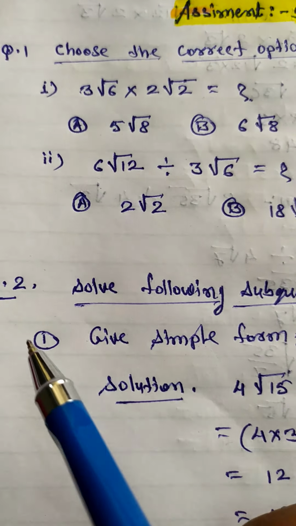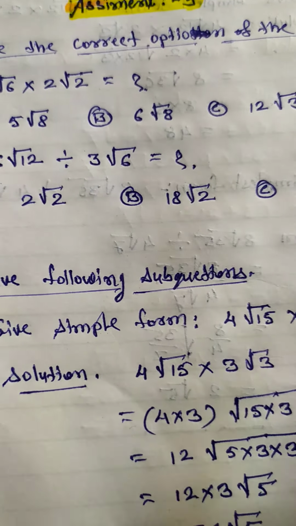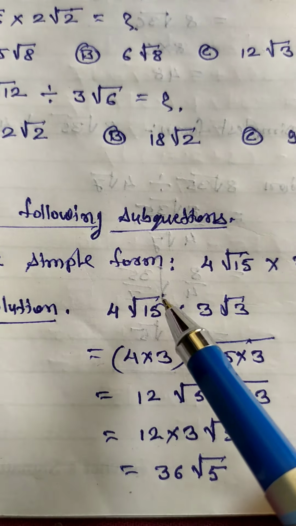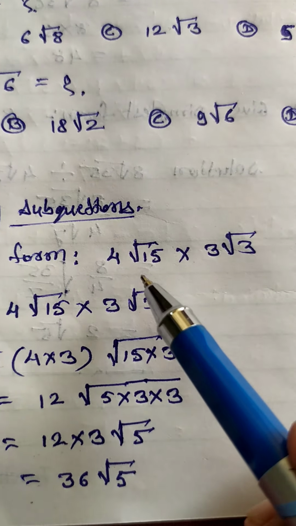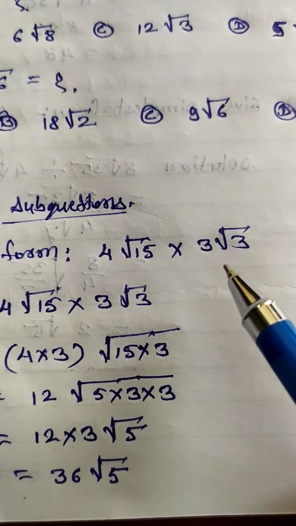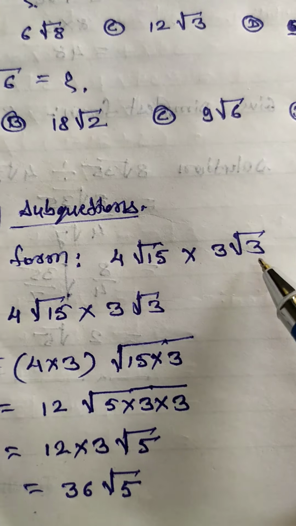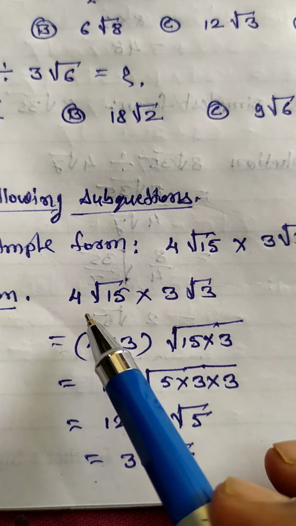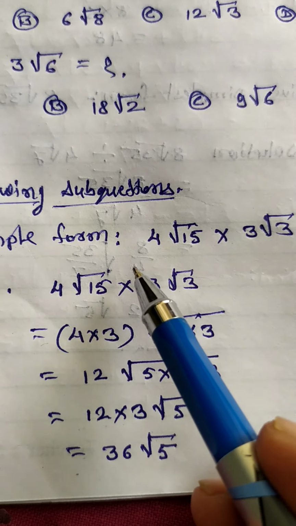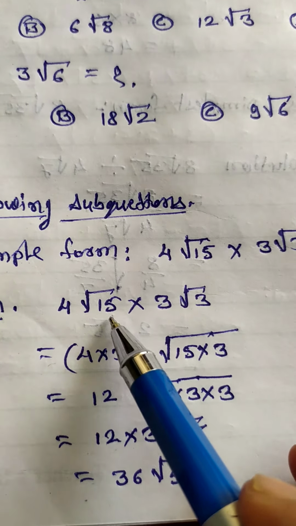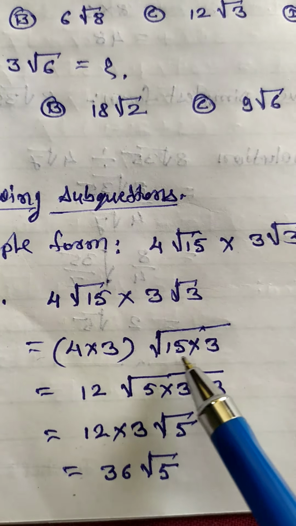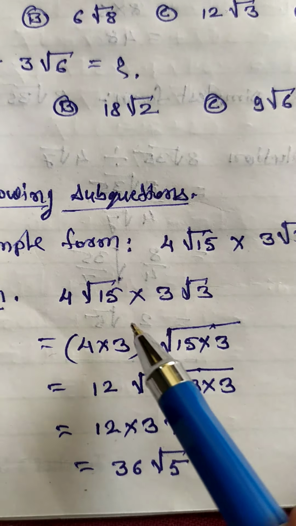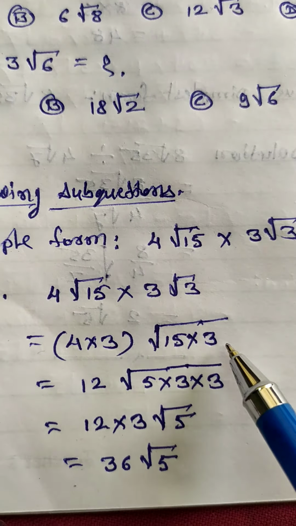Now question number 2: solve the following subquestions. Number 1 is: give the simple form. The example is 4 root 15 into 3 root 3. So I write this example again, and now I take these two, root 15 and root 3, in one root. So 4 into 3 in the bracket and root 15 into 3.